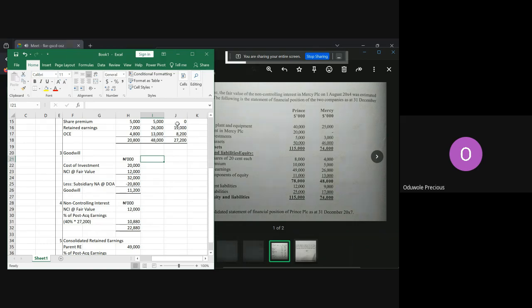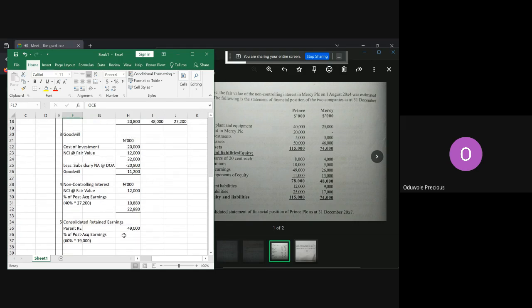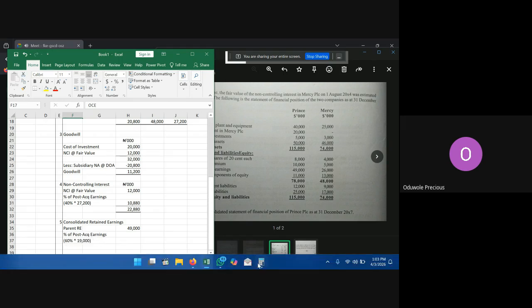The reason why I'm also doing this is because we have this. Let's assume that we do not have this OCE in this equation. Let's say it was only this, we would have just used the figure directly. But because of this OCE, we can now separate it. So let's say we only want to do consolidated retained earnings, that will now be 60% of 19,000.